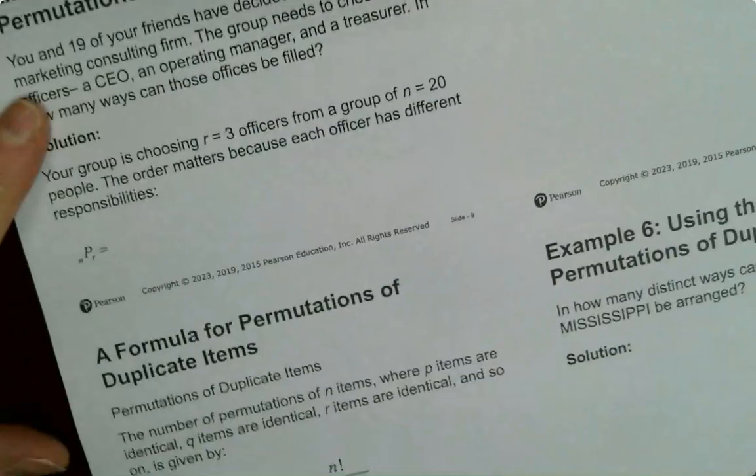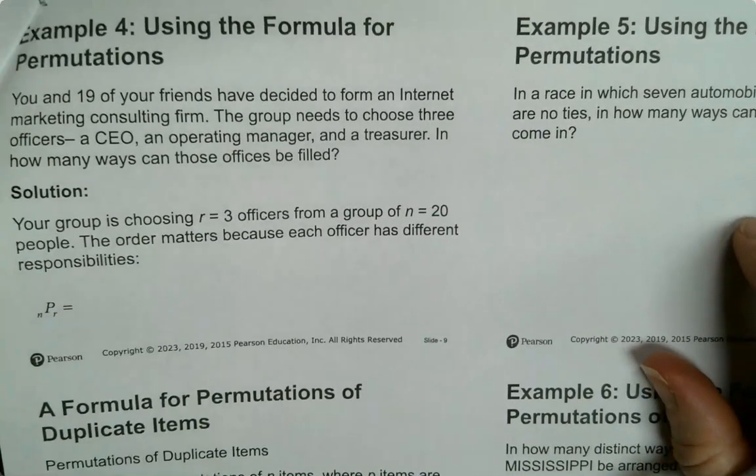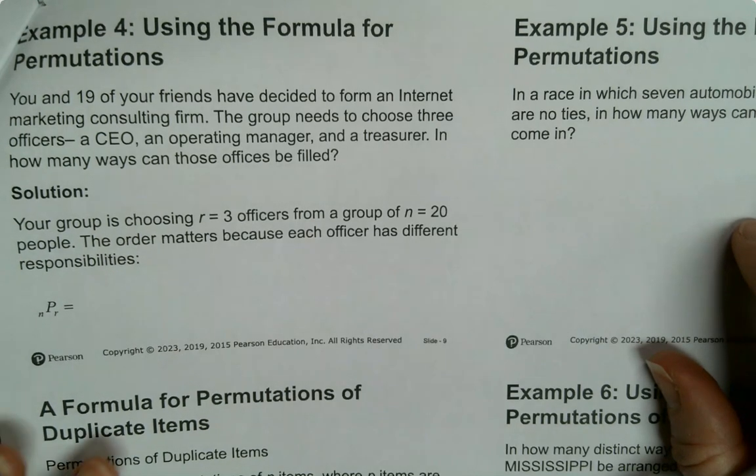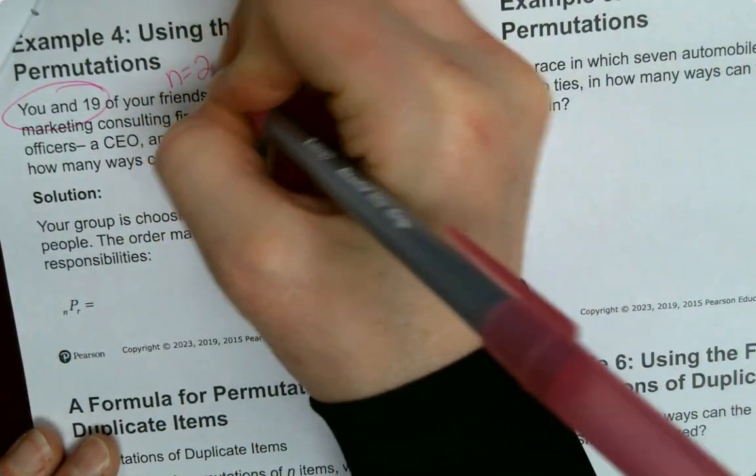Okay, let's keep on going. You and 19 of your friends have decided to form an internet marketing consulting firm. The group needs to choose 3 officers, a CEO, operating manager, and a treasurer. In how many ways can those offices be filled? Okay, so we have you and 19, so that means that there are a total of 20 people.